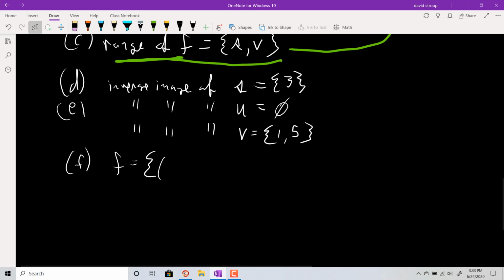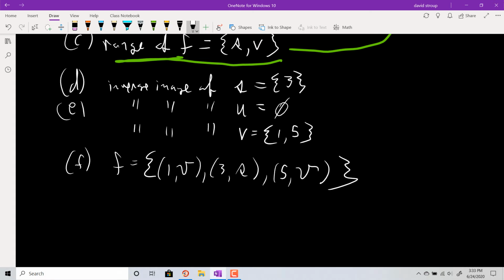So a function is a special kind of relation, and a relation is a set of ordered pairs. So we'll write 1 to V, and then 3 to S, and then 5 to V.